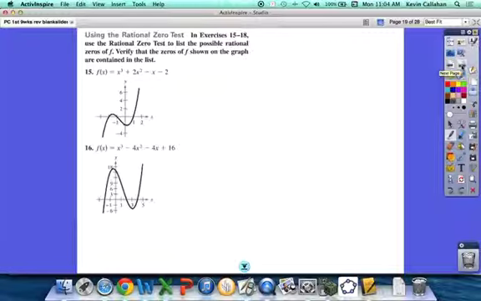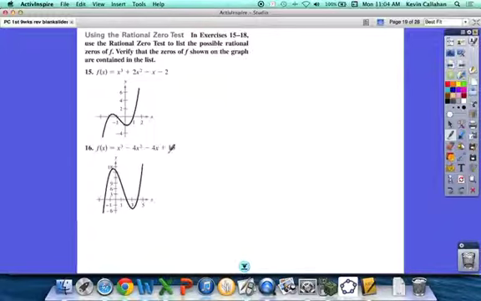But if you remember, this is where we were doing the rational zero test, right? So what did the rational zero test tell us? Possible rational zeros, meaning zeros that could be written as fractions, which also means that they're real numbers. And so how did we determine that?